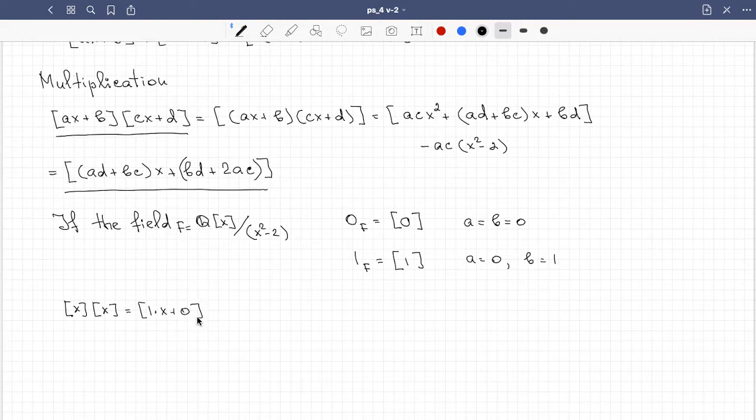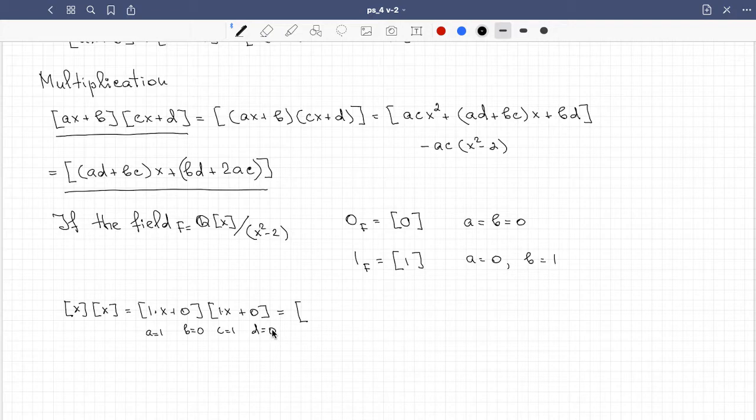This is what x is. 1x plus 0. So this is a, b, c, d. Let us calculate what happens. a is 1, b is 0, c is 1, d is 0.